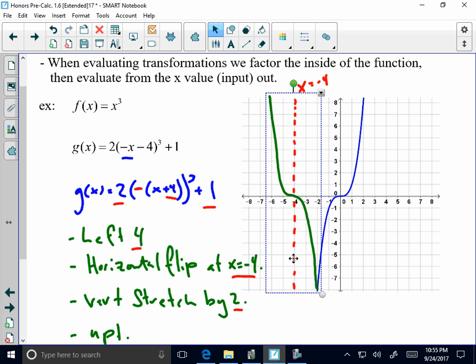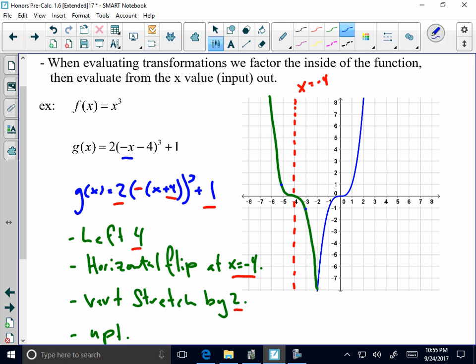Now, you guys might think that this is going to be really tricky, but essentially, if we can see some ordered pairs on the cube, which we know, we can say that the ordered pair 1, 1 on the cube correlates to this ordered pair, which is negative 5, 1, and negative 1, negative 1 correlates to this ordered pair right here, which is negative 3, negative 1.